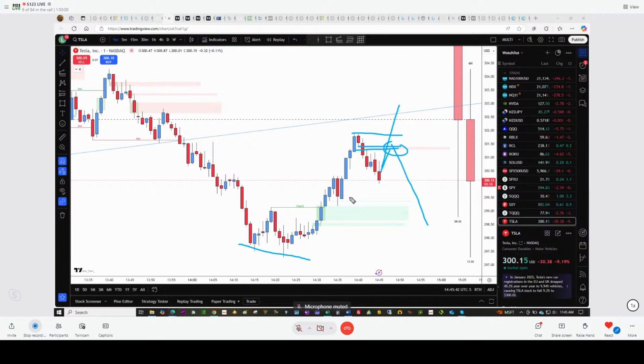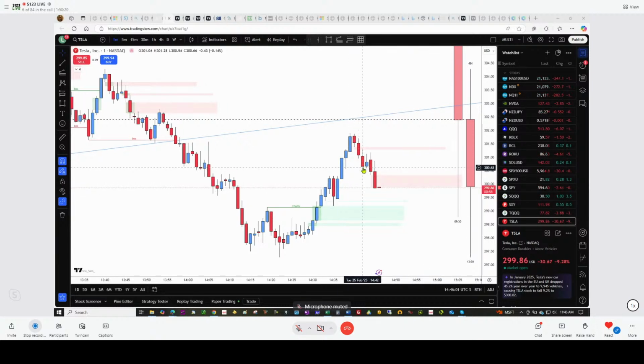Well, my Tesla 3 minutes says that we're definitely done with, either we're going to make a bigger 1, 2, 3 or a big wave 4 at this point. But we're getting the equivalent response in NASDAQ right now too.